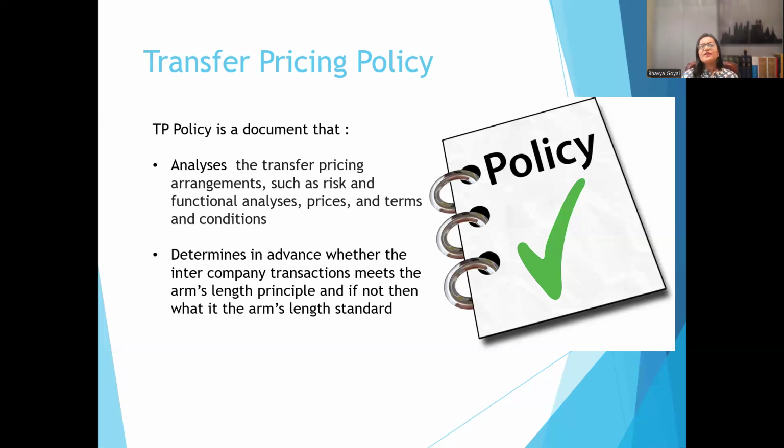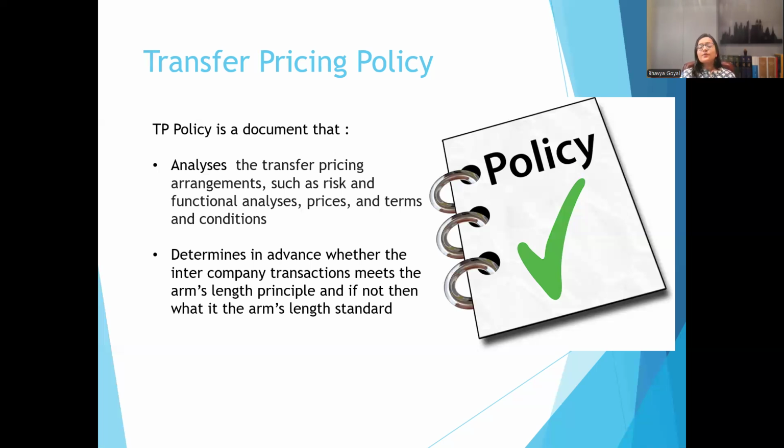So essentially, a transfer pricing policy document will give you a benchmark rate or benchmark margin at which you, the multinational group, should be undertaking that international transaction.